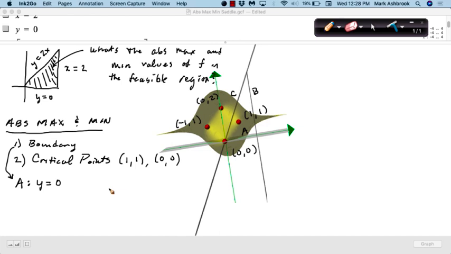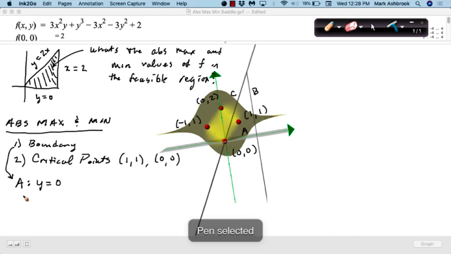Right, exactly. So we know y equals 0, so we're going to put y equals 0 into the function, and we'll get a one variable function. So we're going to look at f of x comma 0.